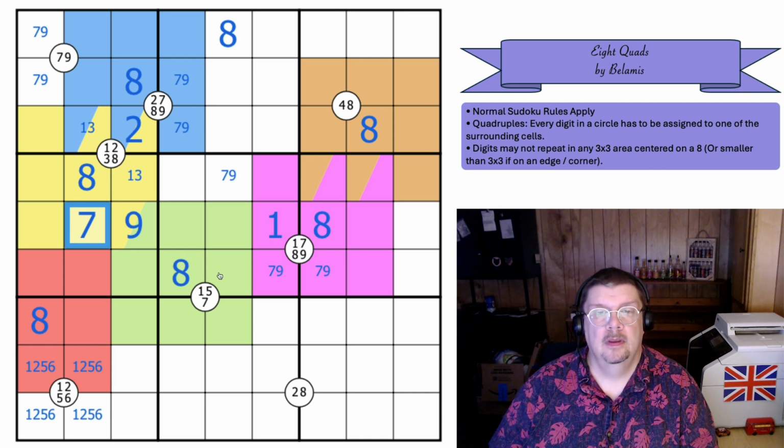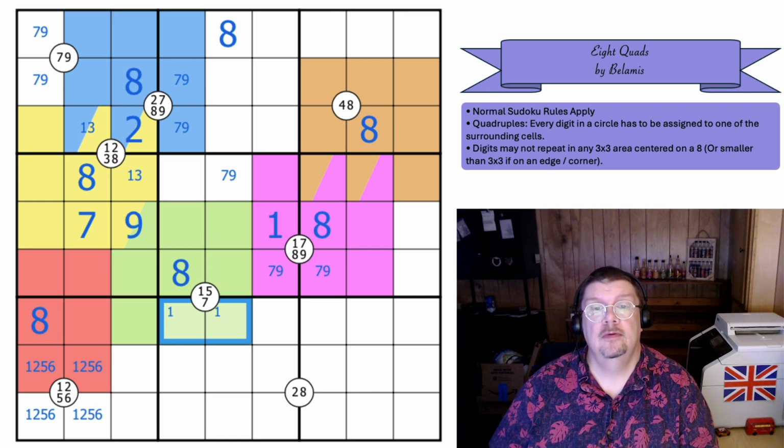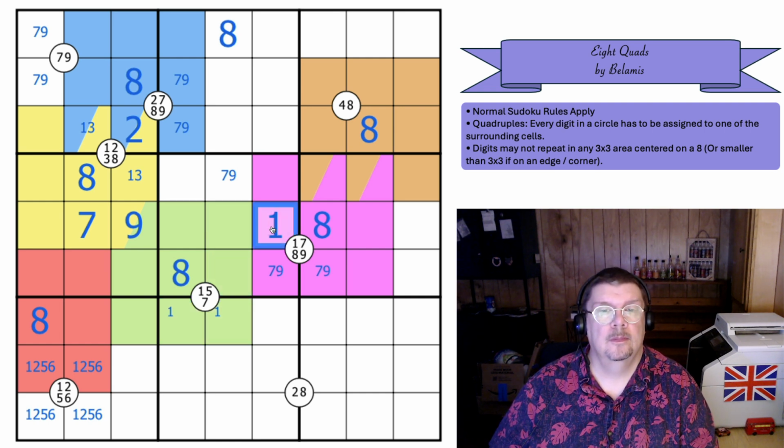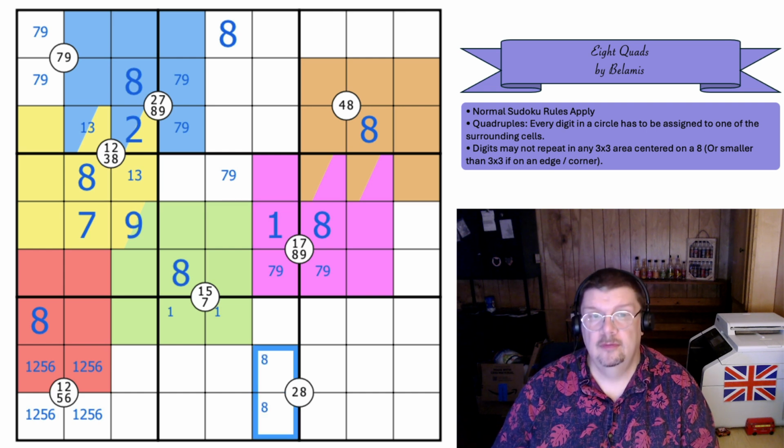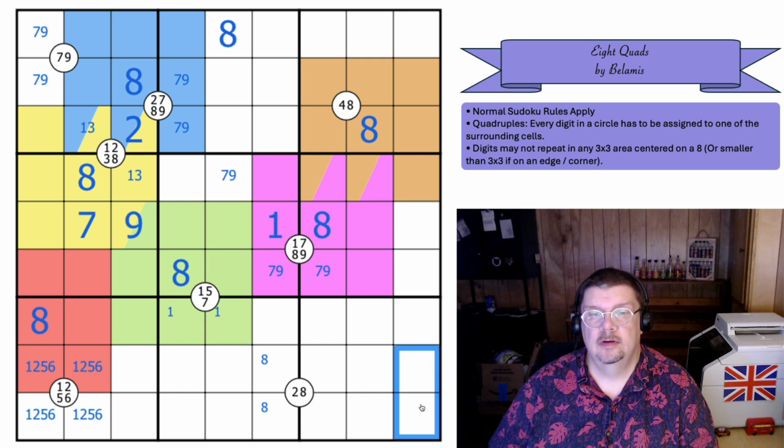Okay. This has a 1 in it, which is one of those two, because it can't be that one because of this one. 8 in this box is in one of those two. And in this box is one of those two.